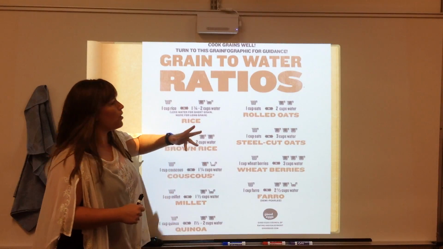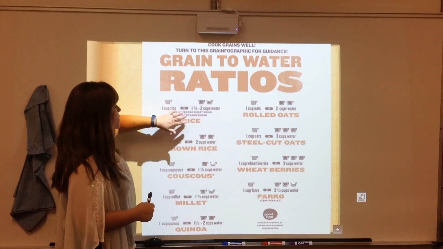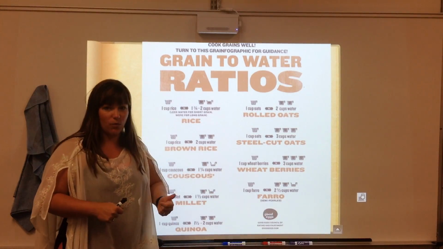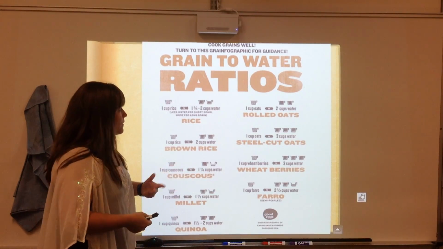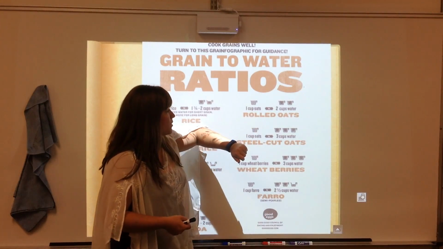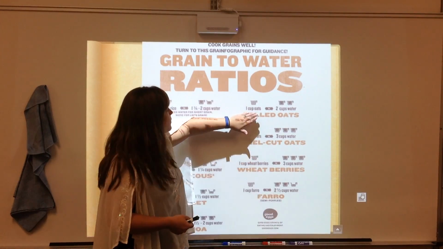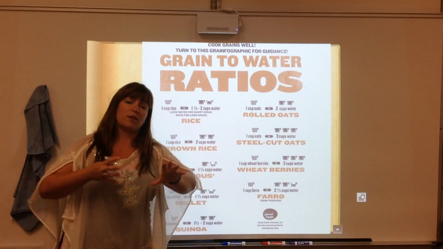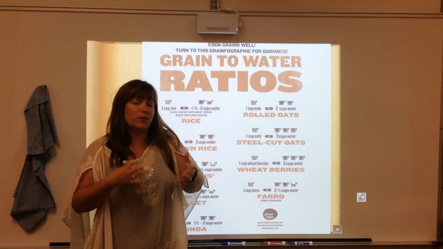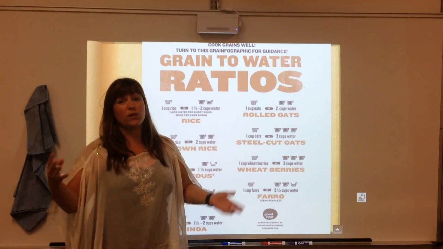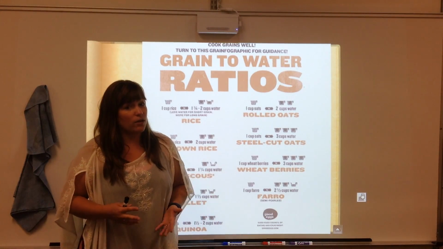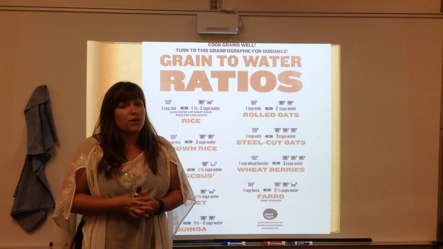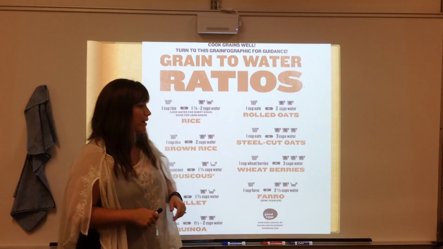So 1 cup of rice usually needs double, 2 cups of water, in order to cook it. Similarly, the same thing is the case for oats and oatmeal. So 1 cup of oats, you need 2 cups of water. So that's the relationship and the comparison of how much water you would need and how much rice you would need. We use this all the time with the Trumble household for dinner when we're cooking rice. So real life connection to where ratios come up in everyday life.